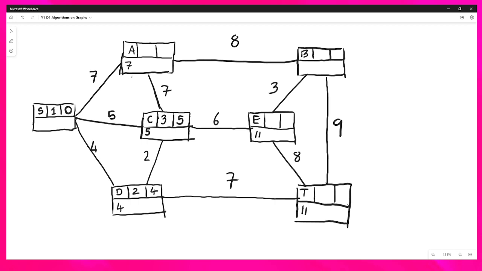A, we can see, has the next smallest working value, so A we're choosing next. And there's only one arc out of A that we haven't already dealt with. A to B is 8, which gives us a working value of 15. Repeating the process, we now have options.